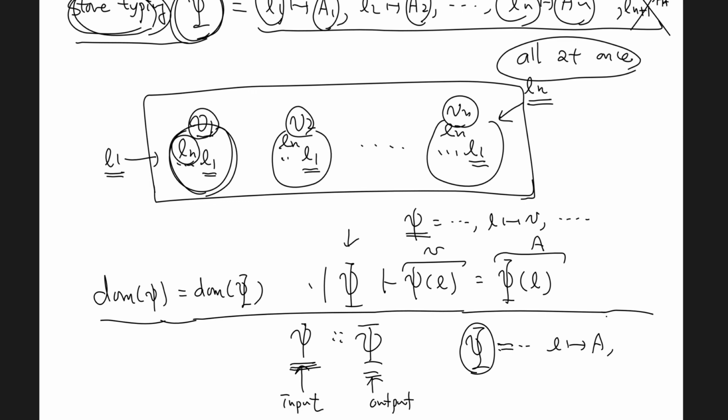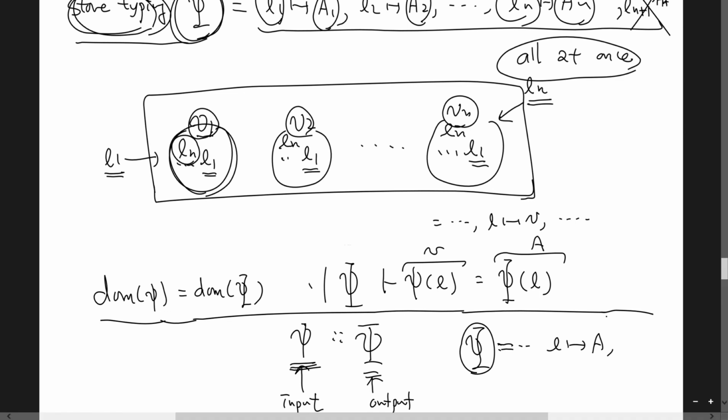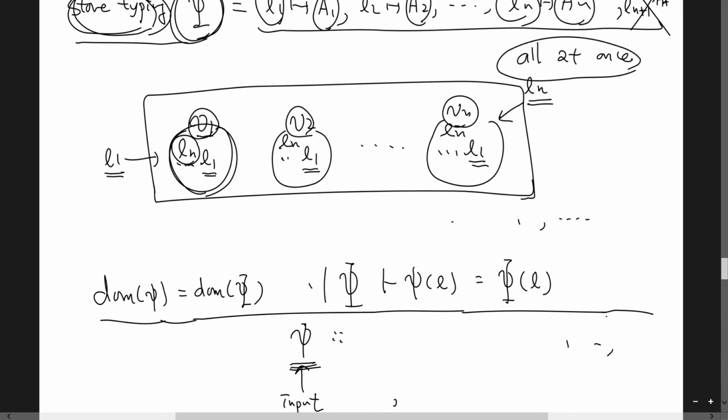But the important point here is that it's kind of recursive. You have to employ recursive reasoning here because, again, this is output. So you start with this input store, and you'd like to find out this store typing, but in the course of figuring out this store typing, you have to use it here.